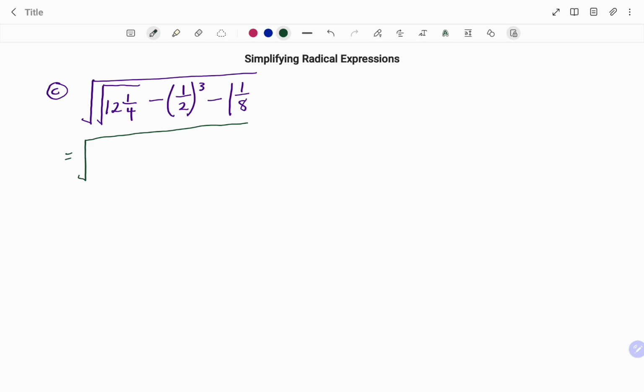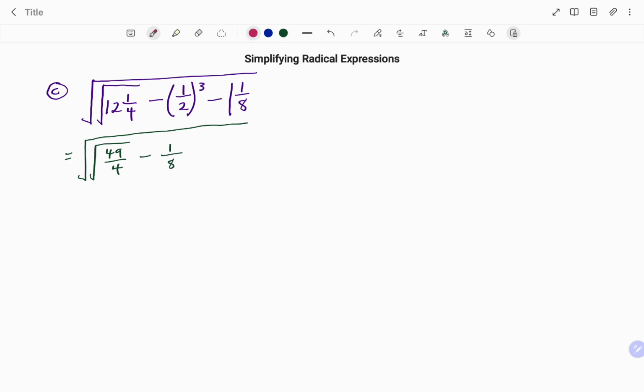I start by changing my mixed number, 12 1 over 4, to an improper fraction. And that will give me 12 times 4, 48 plus 1, 49 over 4, minus 1 over 2 cubed, which will be 1 over 8.